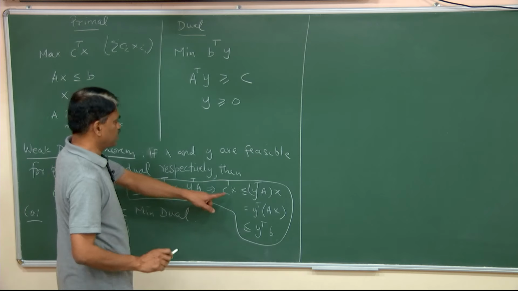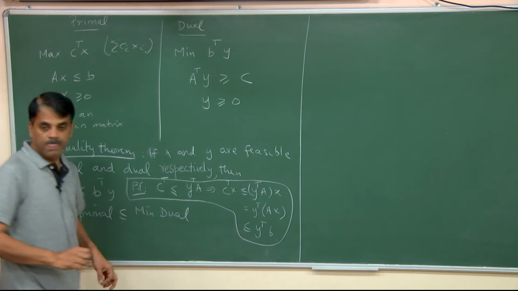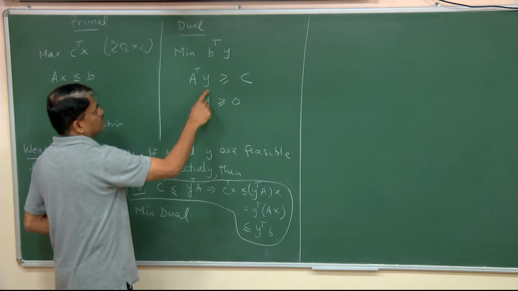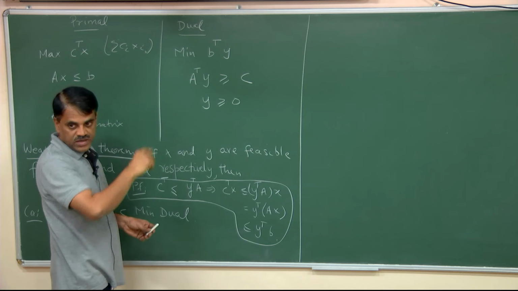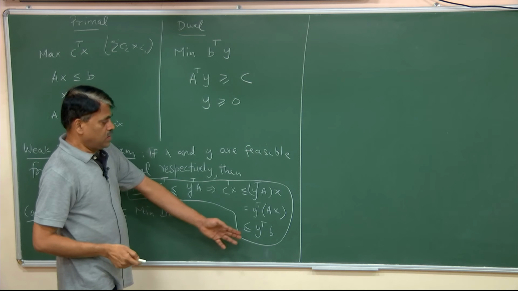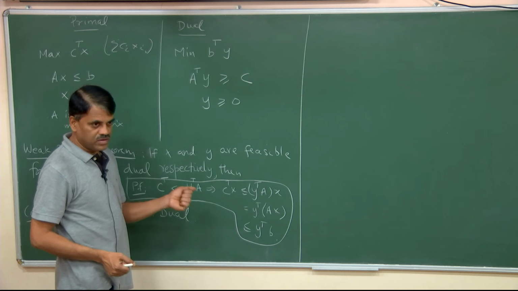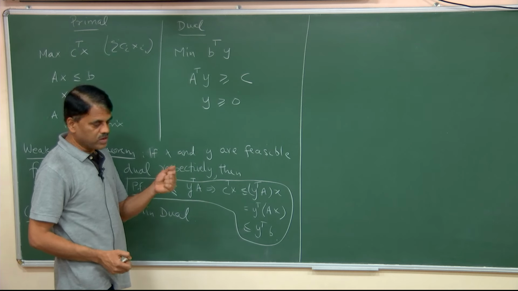So what I have shown is, I've taken the transpose of this, which is basically Y transpose A. And Y transpose B and B transpose Y are same, because this is just a number. It's an inner product, it's just one number.